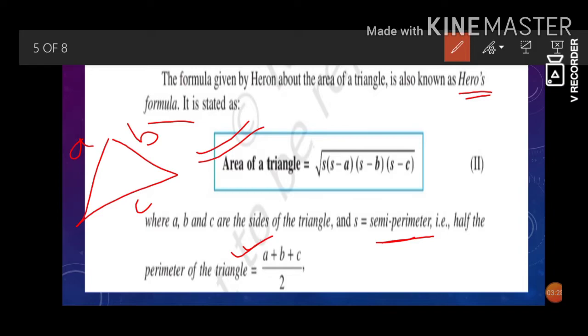And after finding S, we are going to utilize this formula to find the area of a scalene triangle. And as I have said, this formula can be used for all triangles, not only scalene but all the triangles.